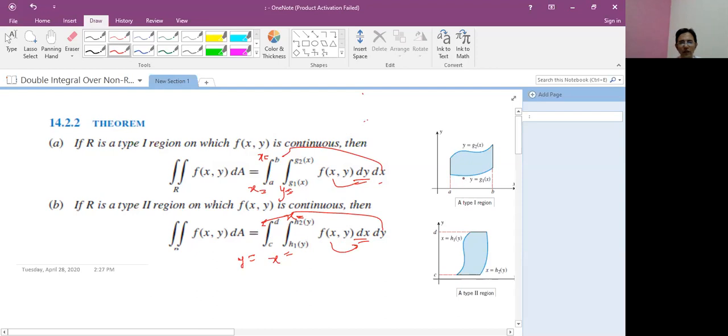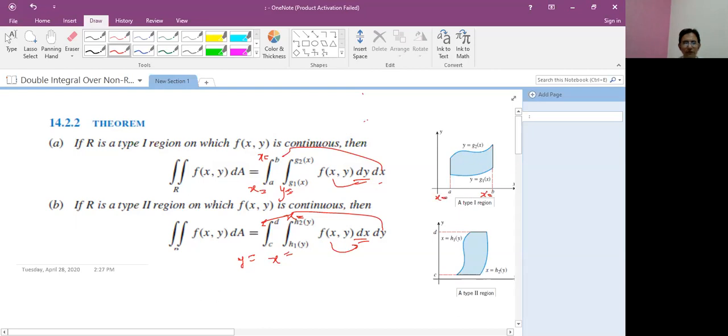With the help of a diagram, for type 1 region, we will consider this curve called g1 of x. A plane region is said to be of type 1 when it is bounded on the left and on the right hand side, say at a and b. This is the limit of x, x equals a and x equals b.